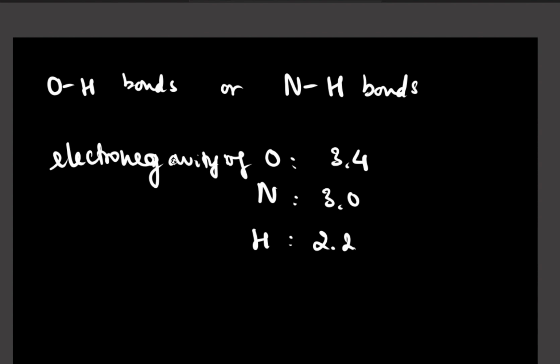So the differences between the electronegativity of oxygen and hydrogen, and nitrogen and hydrogen, is pretty large, but not large enough for the attraction between them to be ionic. So it falls right inside the range that is perfect for what we call hydrogen bonding.